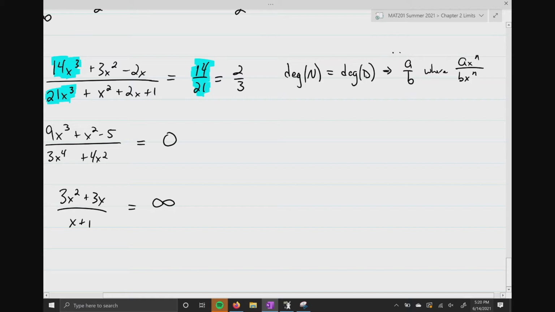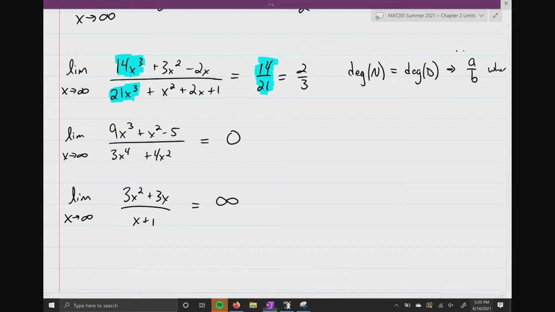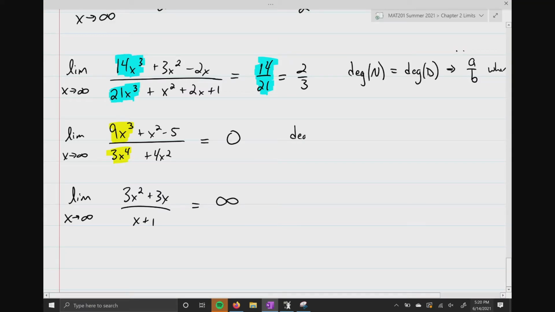Now, for the second example, I'm going to use a different highlighting color. Here's the highest degree here. Here's the highest degree there. What ends up happening here is that if your degree of the numerator is less than your degree of your denominator, your limit is always going to equal 0.